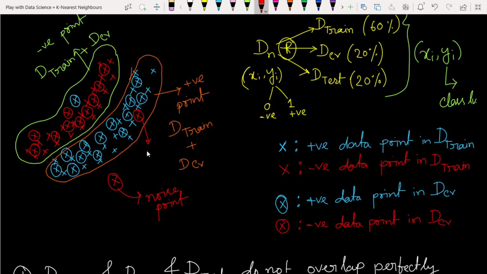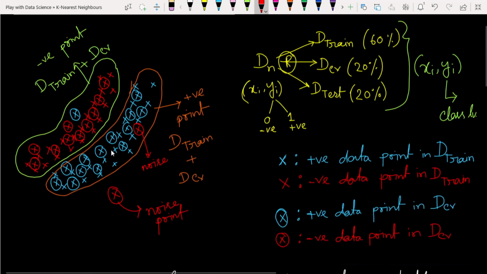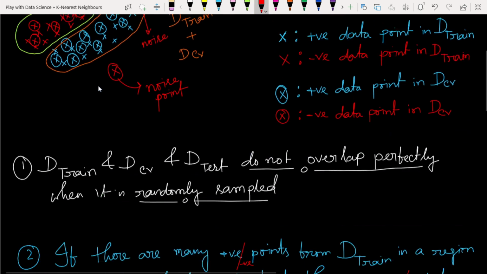This one is also a noisy point, and this one too. This thing also happens for well distributed data, balanced data, perfect data. But this kind of situation we do not see for imbalanced or noisy data. Okay, I think the main motto of the visualizations and its concept is clear to all of you.